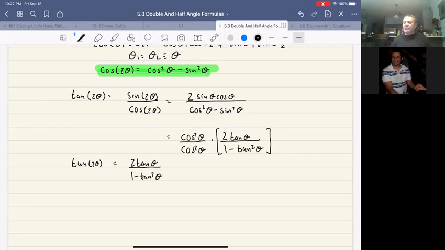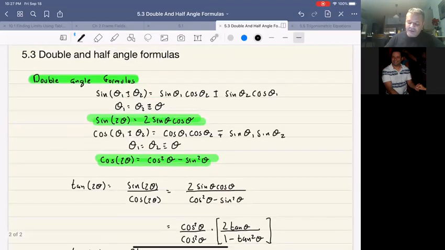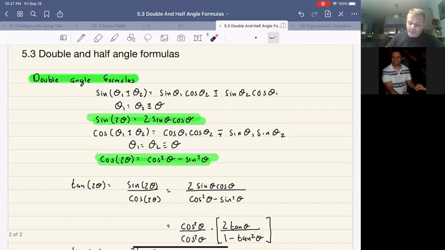Okay, which is the same if you think about it as going the other way. Actually, I usually go the opposite way. When I was having trouble remembering these formulas, I would usually start from these and then work my way back.